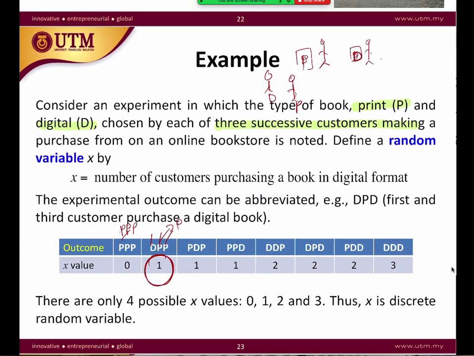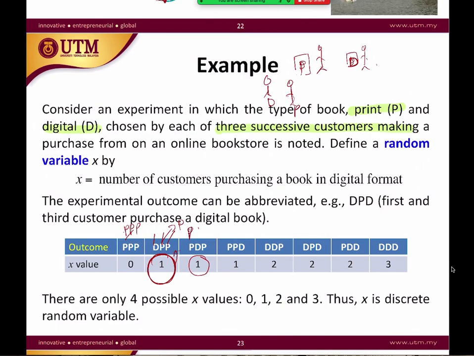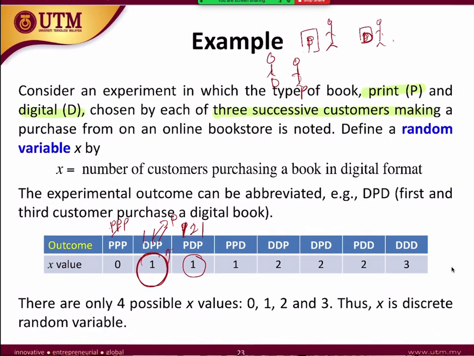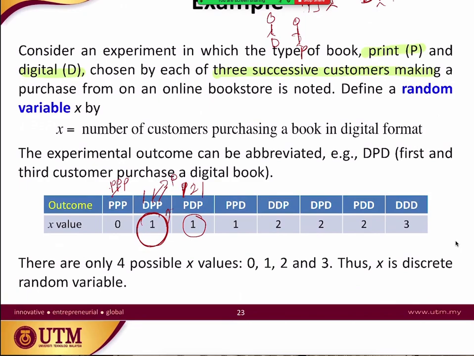So we have one pattern of buying digital, printed, printed, and we also have one customer with the pattern of printed, digital, printed. The first customer printed, second digital, the third printed again. And then we have other patterns like digital, printed, digital, and also printed, digital, digital.